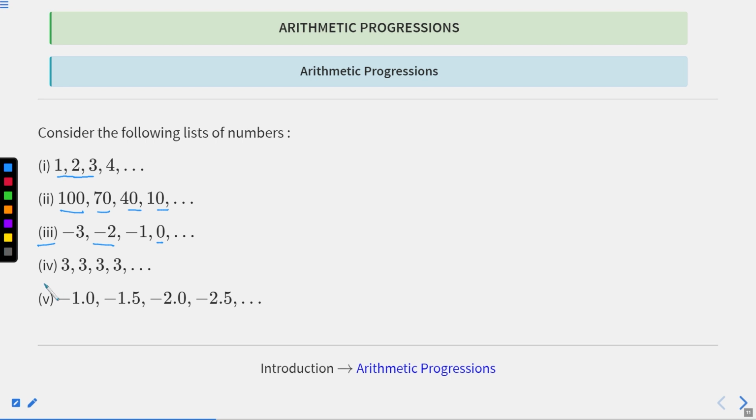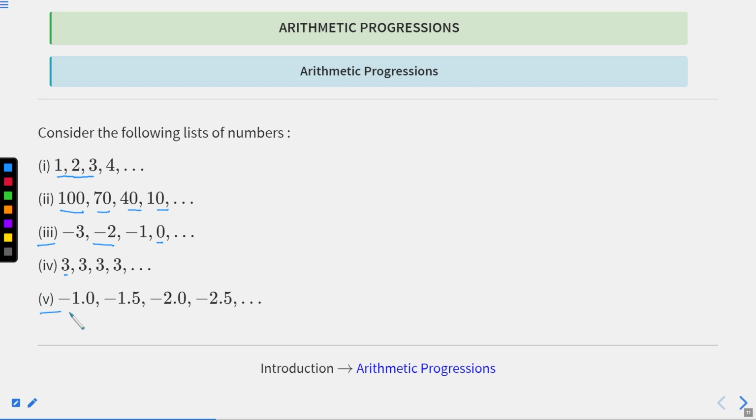In the fourth one, we have the list of numbers 3, 3, 3, 3, and so on. Here each term of this list is equal, so the difference of two consecutive numbers is 0.